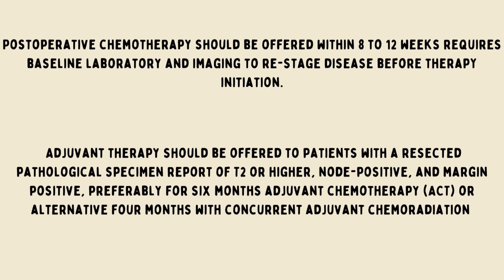Postoperative chemotherapy should be offered within 8 to 12 weeks after the extended cholecystectomy, but it requires baseline laboratory investigation and imaging to restage the disease before therapy initiation. Adjuvant therapy should be offered to patients with a resected pathological specimen report of T2 or higher, node positive, and margin positive, at least 6 months of adjuvant chemotherapy or alternatively 4 months with concurrent adjuvant chemoradiation.